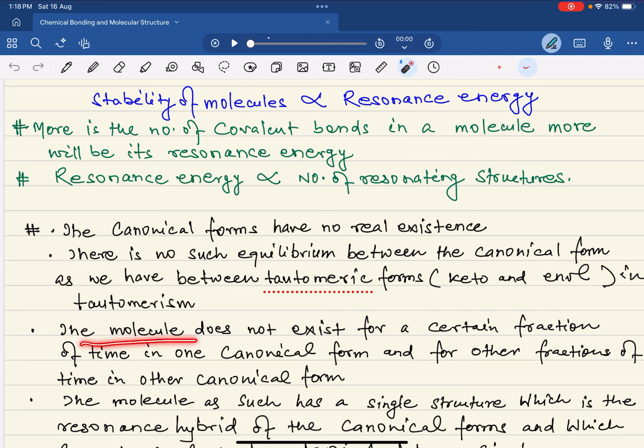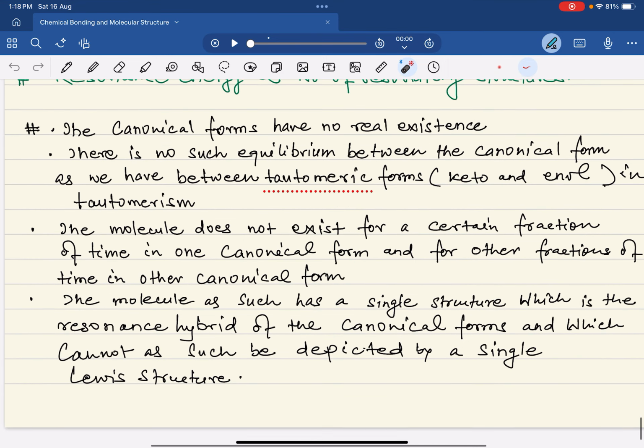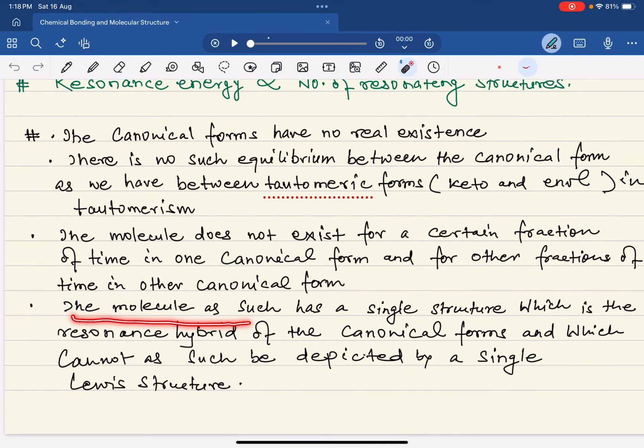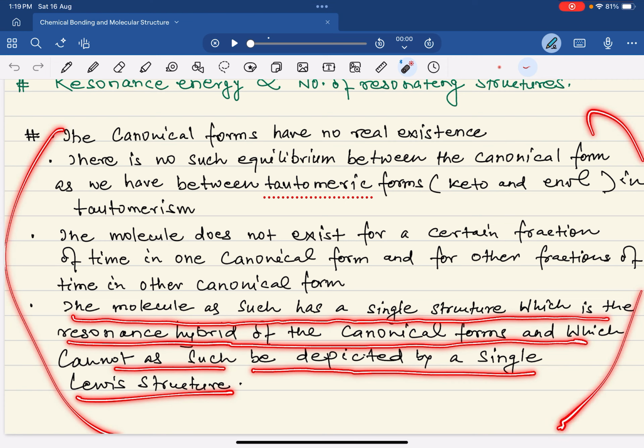And next point, the molecule does not exist for a certain fraction of time in one canonical form and for another fraction of time in another canonical form. These are very important points. A molecule has a single structure, which is the resonance hybrid of the canonical forms and which cannot be depicted by a single Lewis structure. So, these are the very important points of resonance.